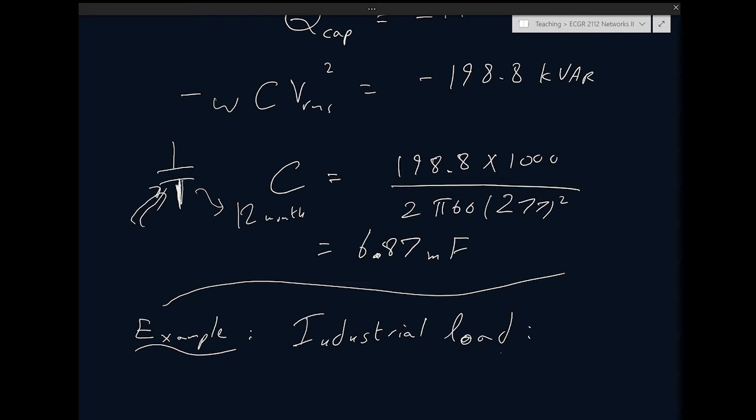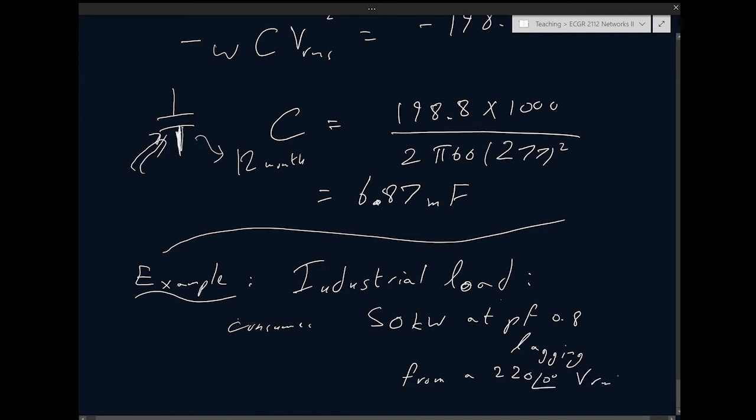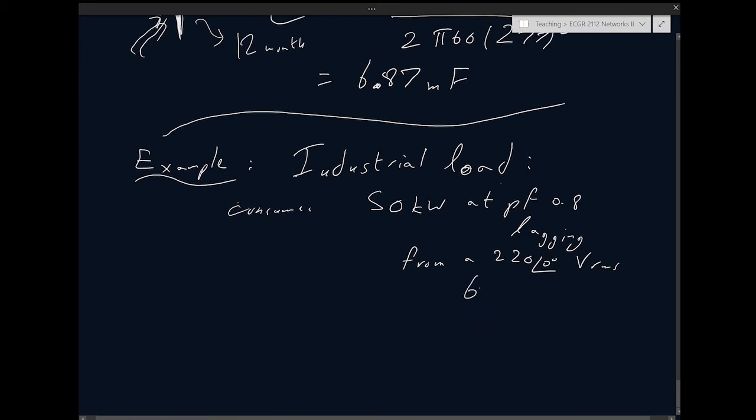What's important from a power analysis perspective is how much power the load consumes. So the load consumes 50 kilowatts at power factor 0.8 lagging, from a 220 volt RMS supply, which is a 60 hertz line.